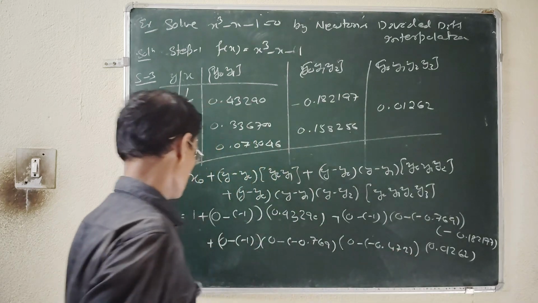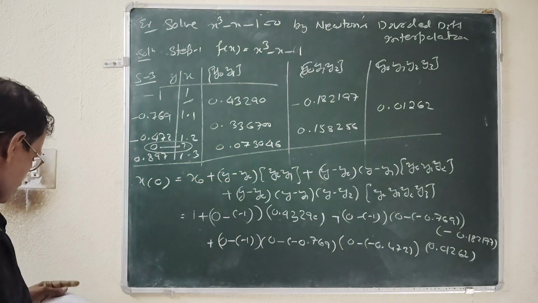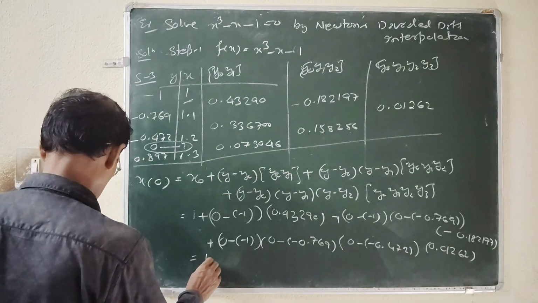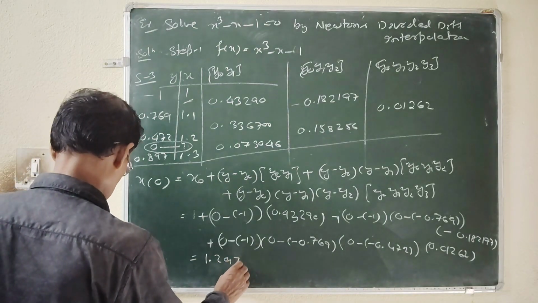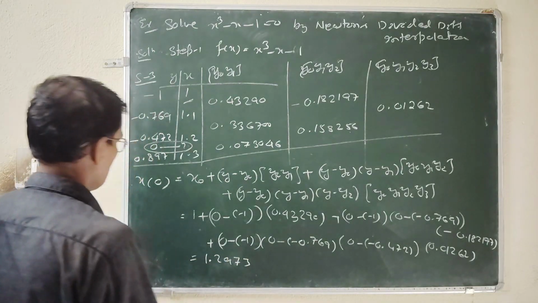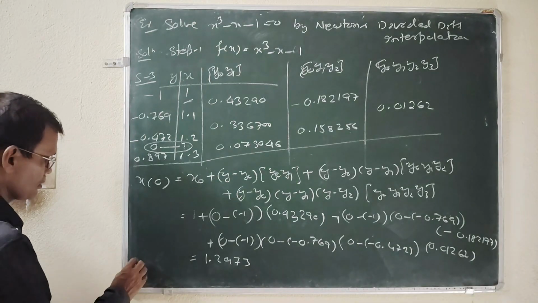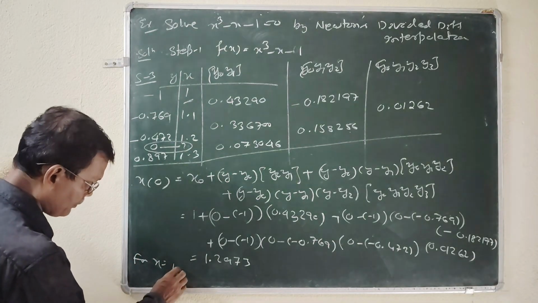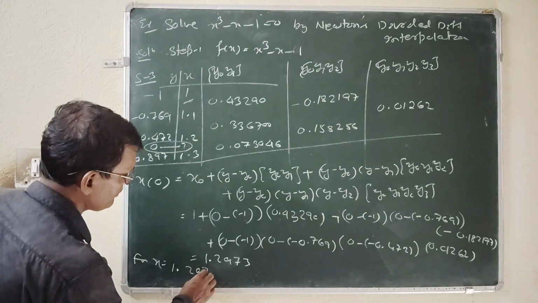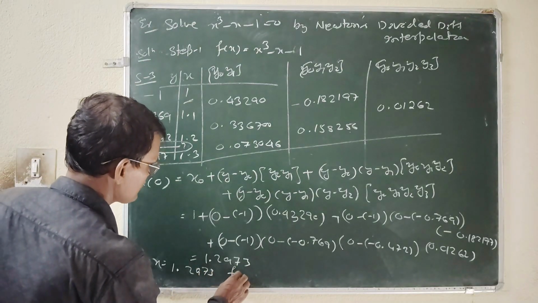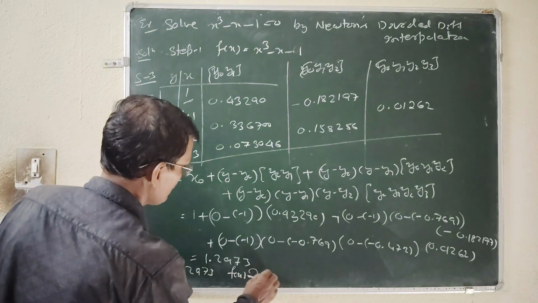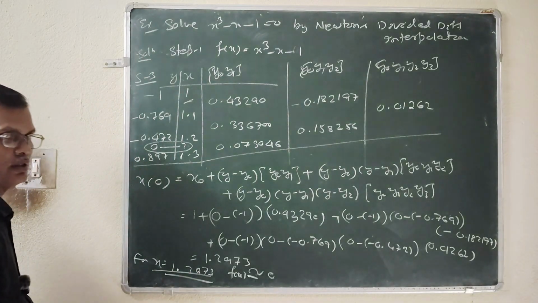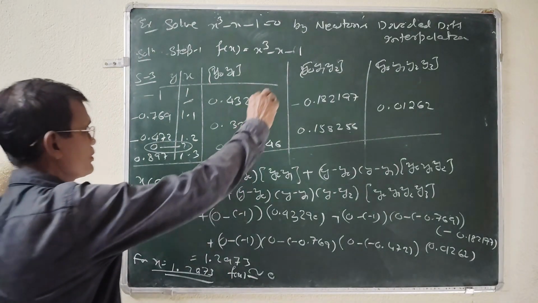Now you calculate using the calculator. We will get the result as 1.2973. Okay, that means for x equal to 1.2973, f(x) is nearly equal to 0. That implies x equal to 1.2973 is the approximate solution for this equation.